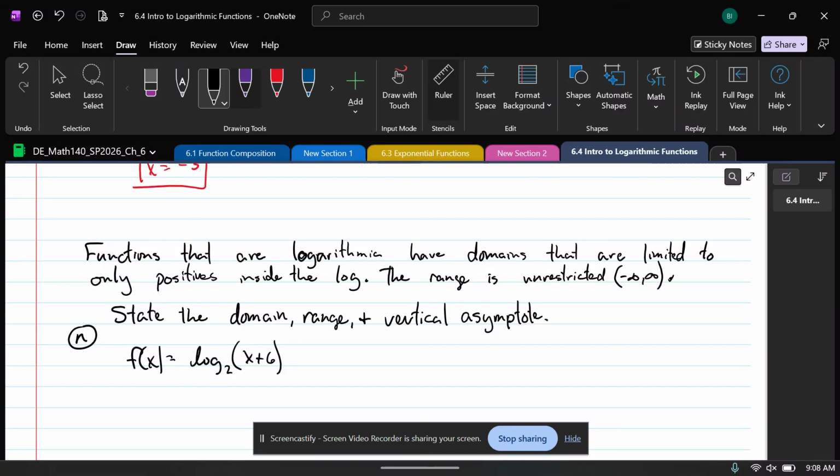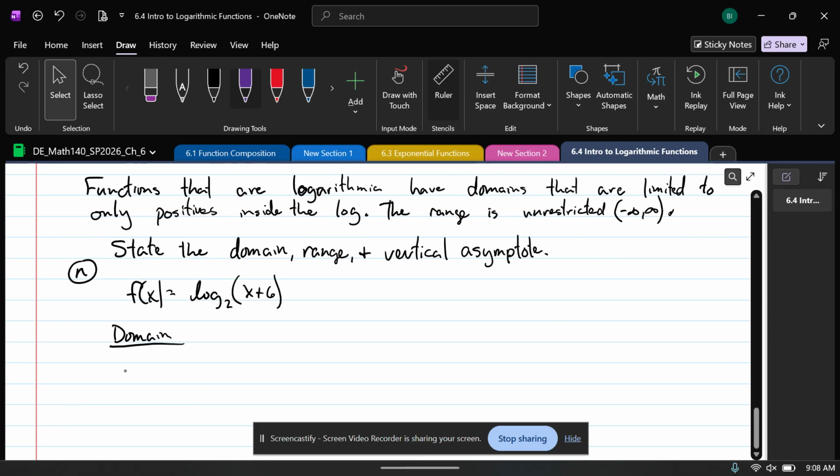Okay, so to find the domain, let's start there. We're going to take x plus 6, and how can we guarantee that it's positive only, mathematically? How can we force that to be only positive numbers? What can I set that equal to, or maybe an inequality, some sort of math that says this is not going to be 0 or negative?